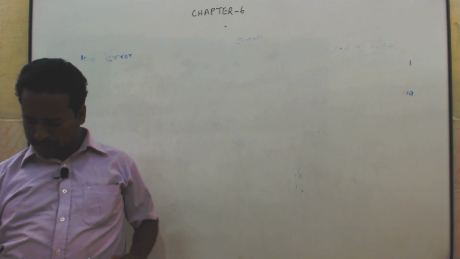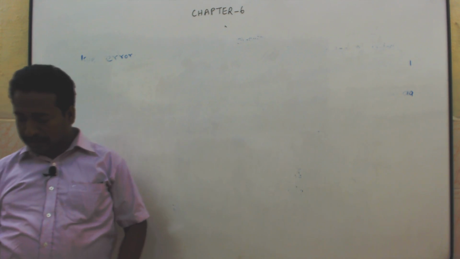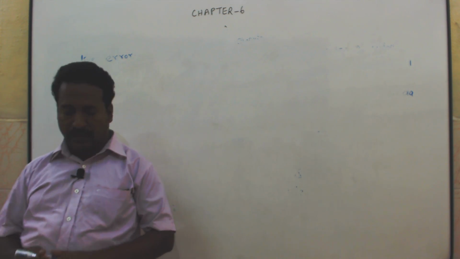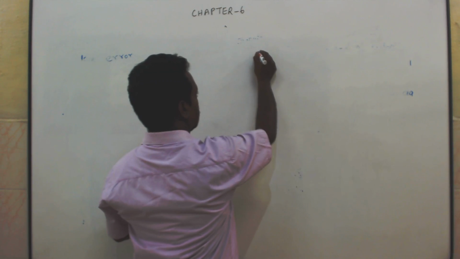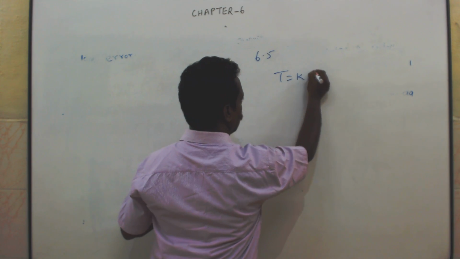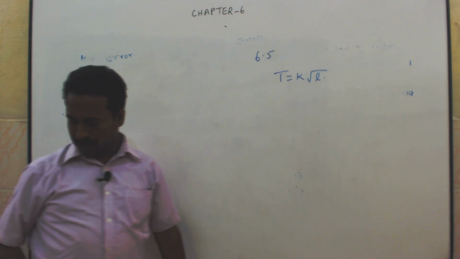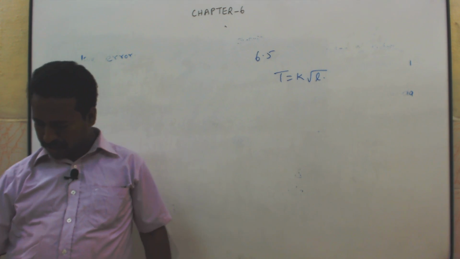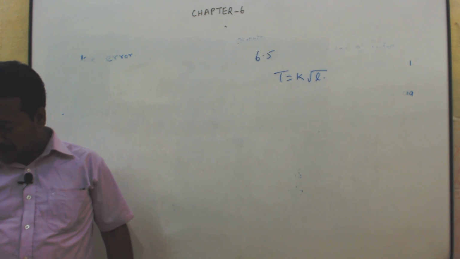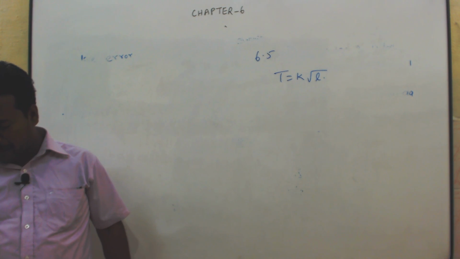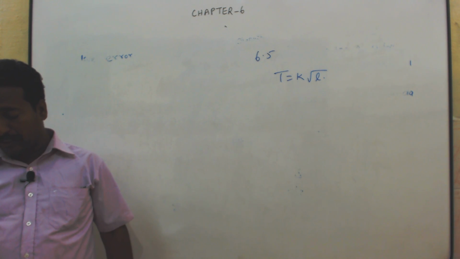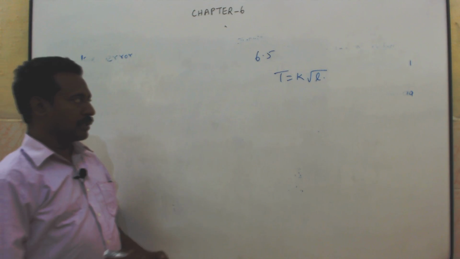Example number 6.5. The time of swing T of a pendulum is given by T equal to K root L. Determine the percentage error in the time of swing if the length of the pendulum L changes from 32.1 centimeter to 32.0 centimeter.